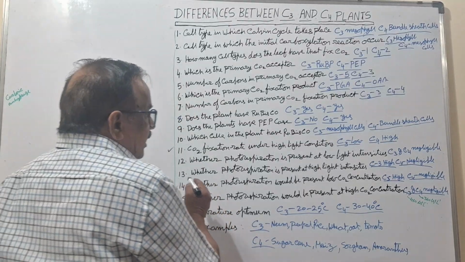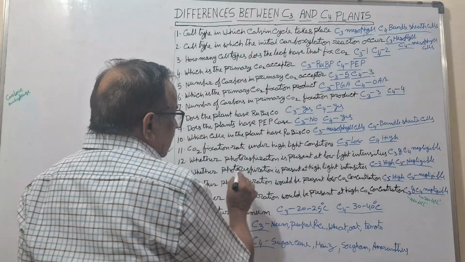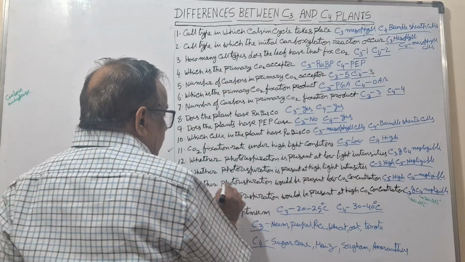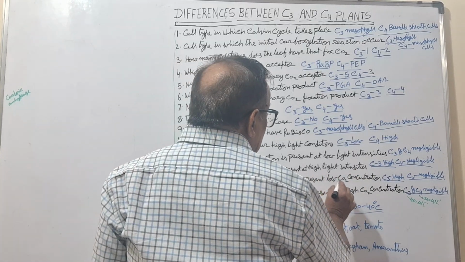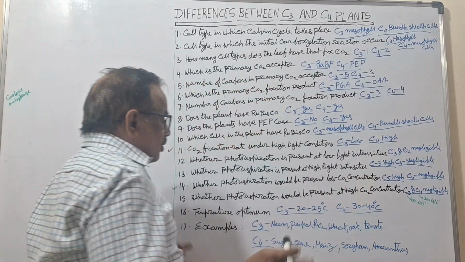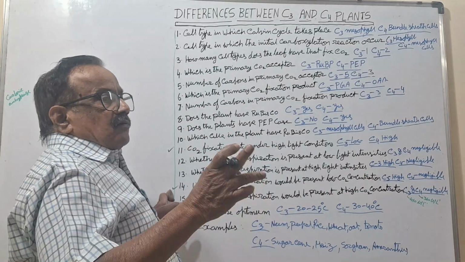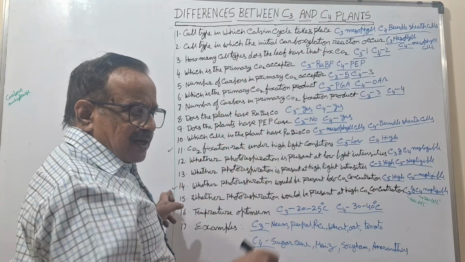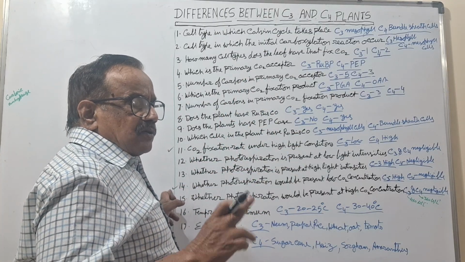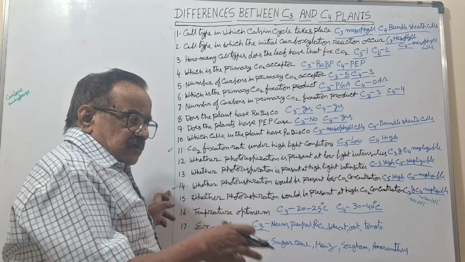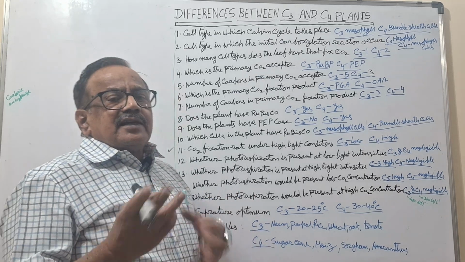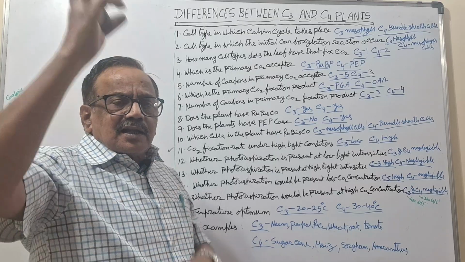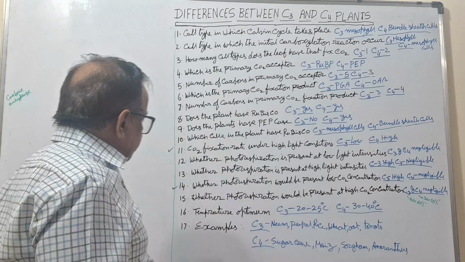At low carbon dioxide concentration, photorespiration will take place, as given for C3 plants. The ratio of carbon dioxide to oxygen changes when carbon dioxide decreases or oxygen increases. Remember it.